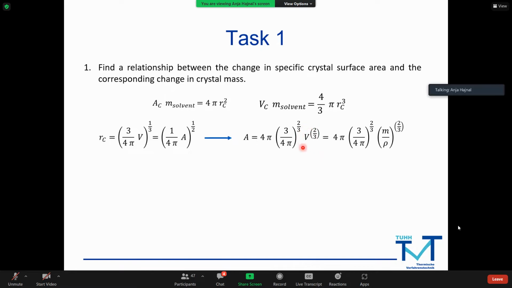The volume of the crystals is equal to the mass of the crystals over the density of the crystals. Now, this just takes some rearrangement of the equations, and you need to also take care about the exponents, but this is what you should get. So we can relate the area of the crystals to the volume of the crystals, and we are left with this part, which is basically a constant. And as I mentioned, the crystal volume is equal to the mass of the crystal over its density.